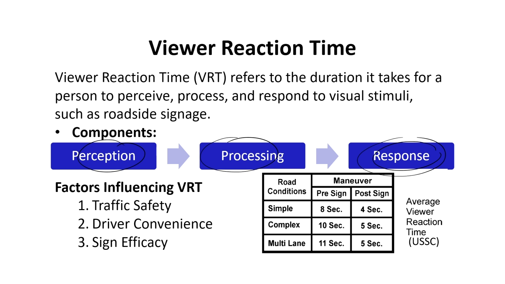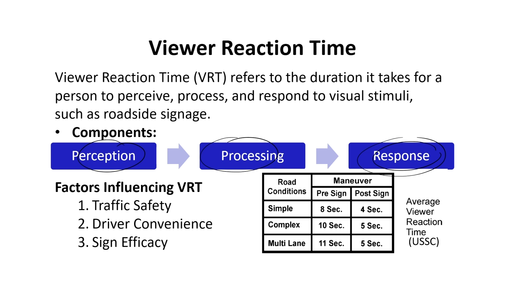For example, in heavy traffic, a driver may need to react quickly to a changing situation, such as a sudden stop or a lane merge, reducing the time available to process.